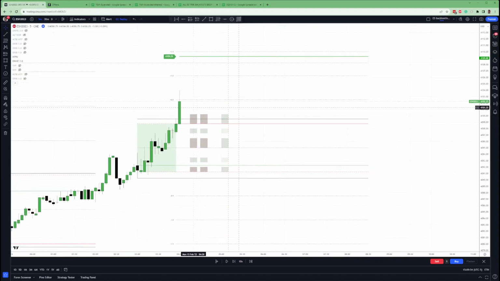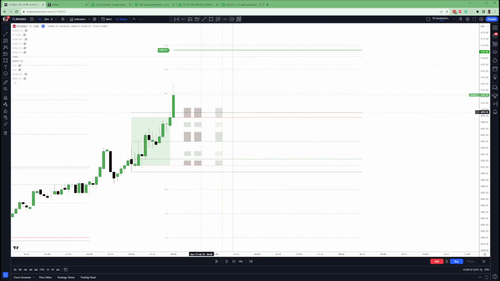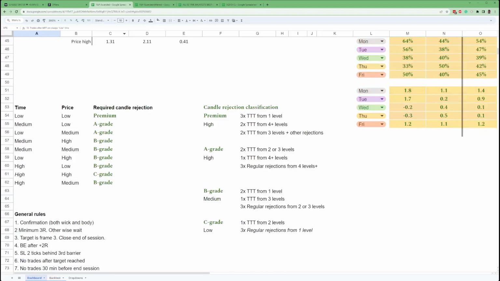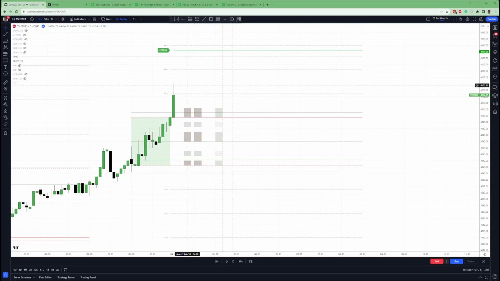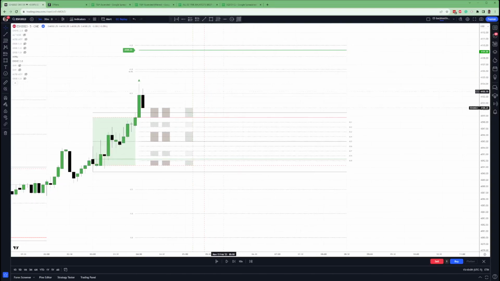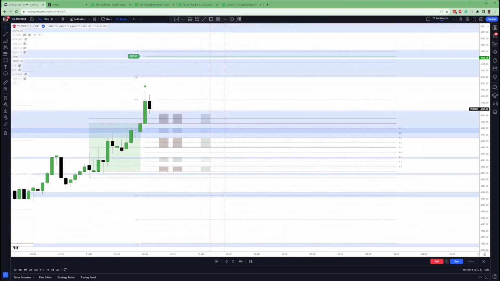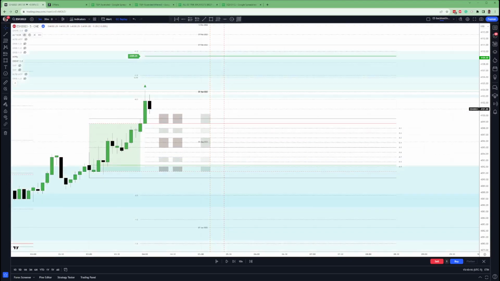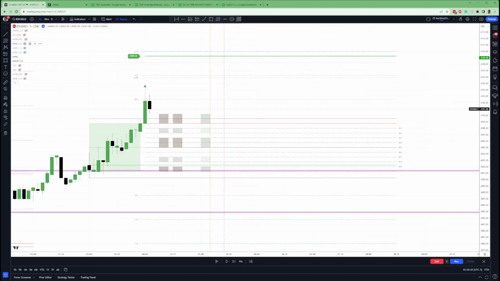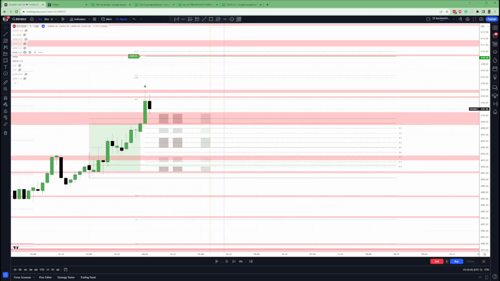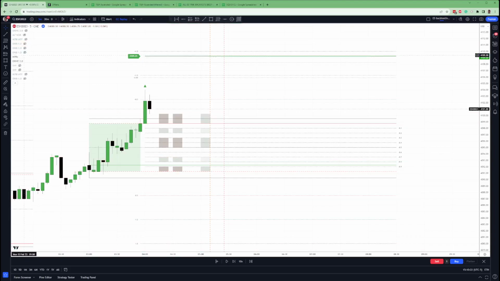Then we have to be aware constantly of the price and time alignment, because we need to know what type of rejection we are looking for before we can take the entry. So we're going to start printing the first candle here, and then for each candle I'm just going to look at each of the indicators to see if there are any rejections.